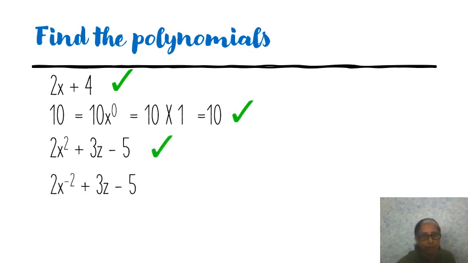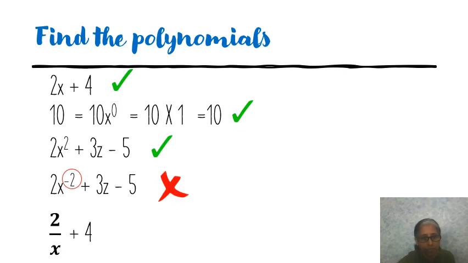Next example, 2x to the power minus 2 plus 3z minus 5. Is this a polynomial? No, because it is having minus 2 as exponent there. Therefore, this is not a polynomial. Okay? Minus 2 is an integer. It is not a whole number.